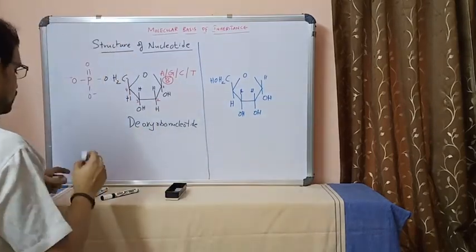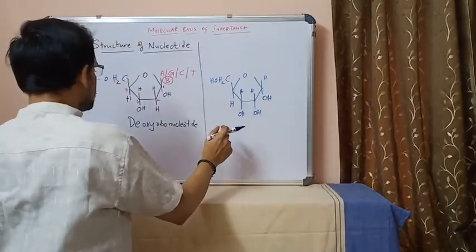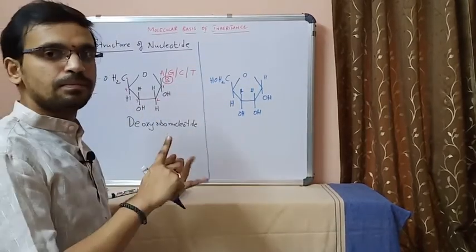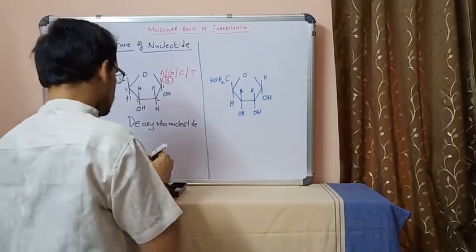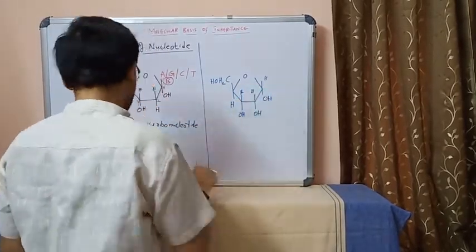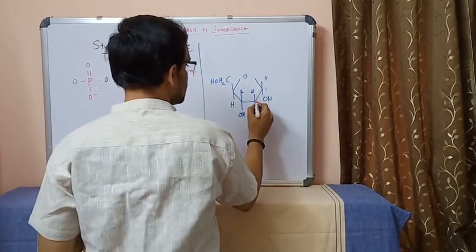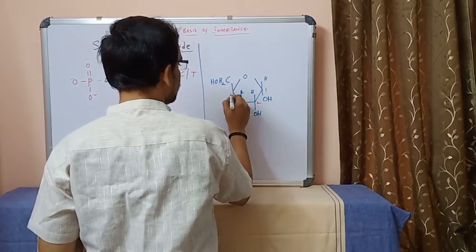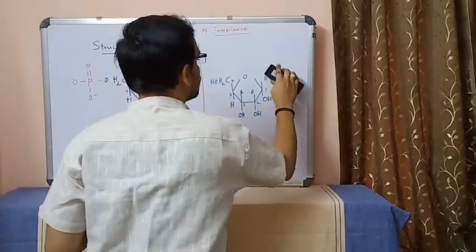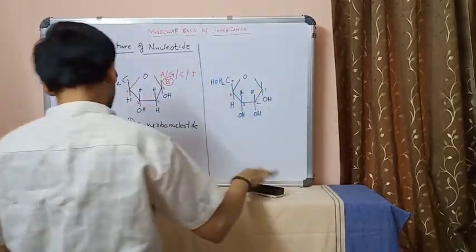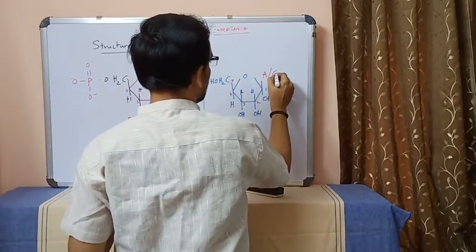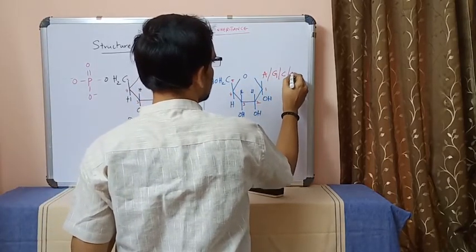Now we are mentioning the structure of ribonucleotide. So sugar, base, phosphate. The base is always linked at the first carbon. So this is the first carbon, second carbon, third carbon, fourth carbon, fifth carbon. Here the base should be there, that is adenine, guanine, cytosine, uracil.